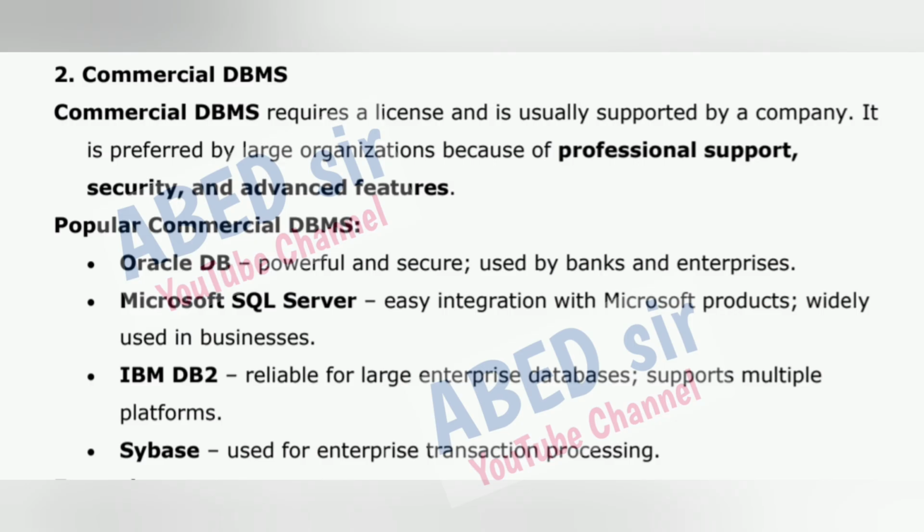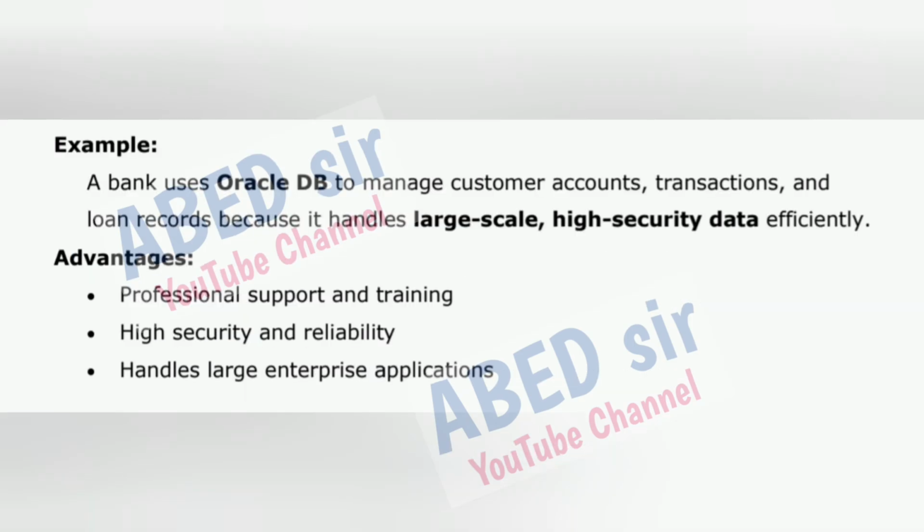Sybase, used for enterprise transaction processing. Example: a bank uses Oracle DB to manage customer accounts, transactions, and loan records because it handles large-scale, high-security data efficiently. Advantages: professional support and training. High security and reliability. Handles large enterprise applications.